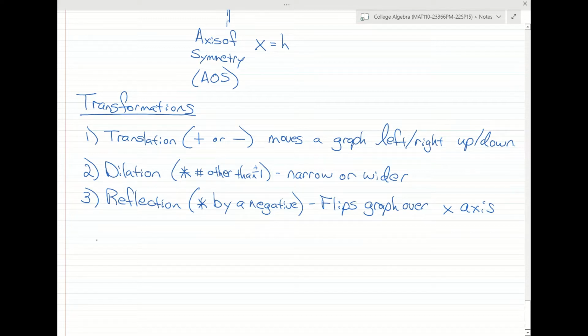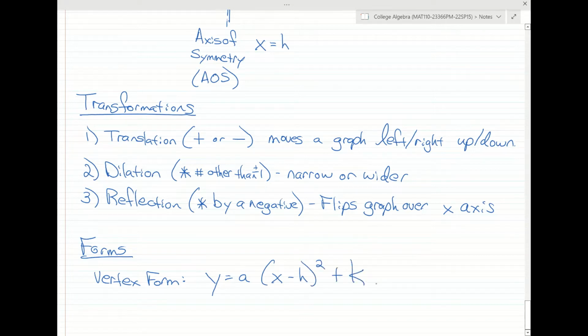We have different forms. Today, we're going to be focusing on what's called vertex form, which just means we have a graph where y is equal to a times (x minus h) squared plus k.